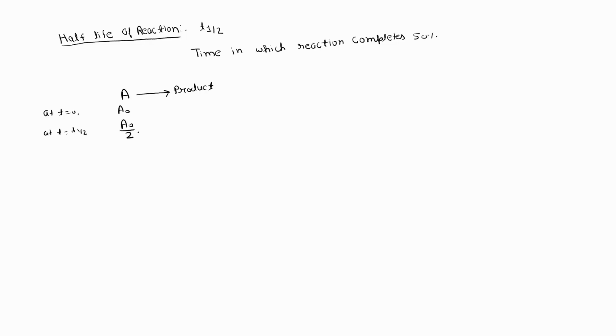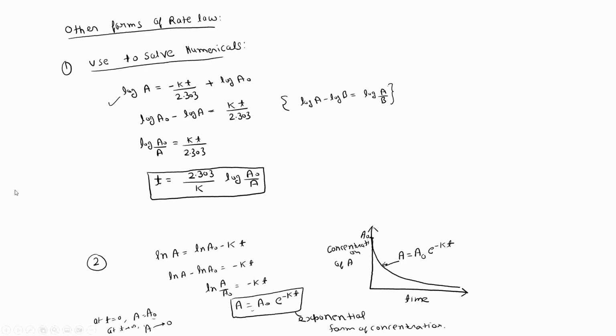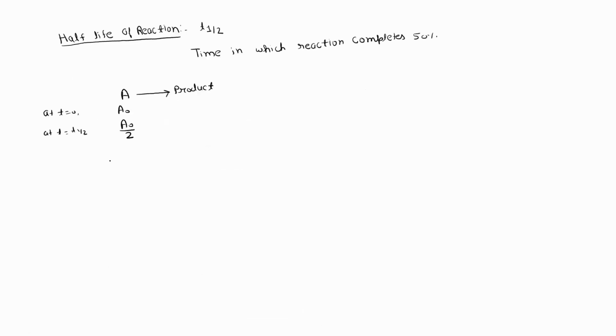So which form will we use? We use this form: T is equal to 2.303 by K log A naught by A. We will use this form to get the T half.